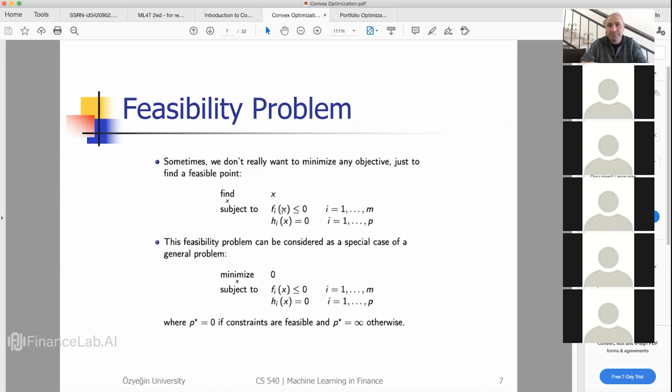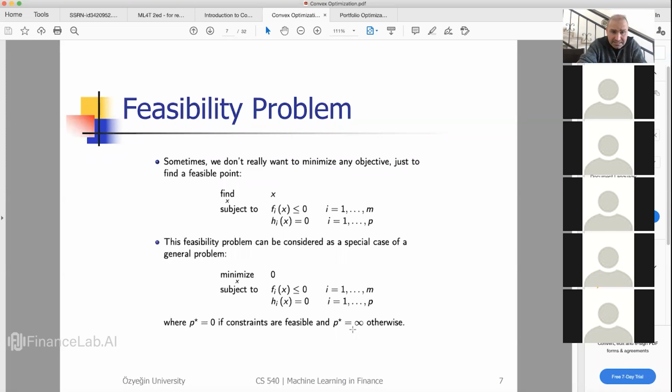And the feasibility problem is a special case of the general problem. So we can formulate it as in the general case, where we put the constraints fi(x) smaller or equal than 0 for i equals 1 to m, and hi(x) for i from 1 to p equal to 0.